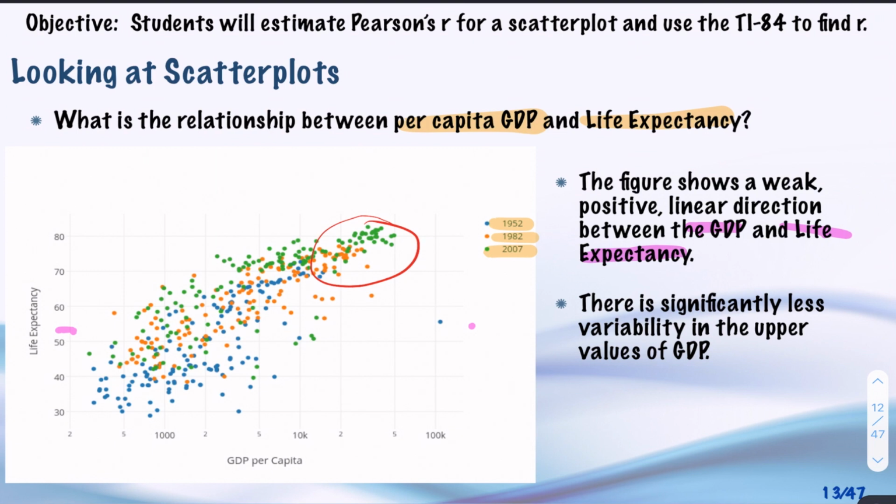That's what we mean by variability. There's less of it. Everything's closer, as compared to the big spread of our data at the lower ends. So at lower GDP, there's a lot more variability in terms of life expectancy, where some are living till 30 and other countries are living till 50 or 60.